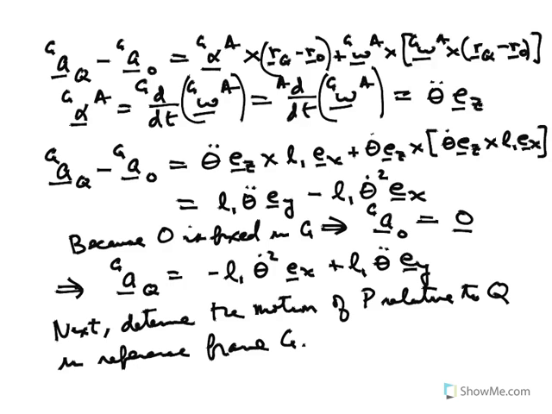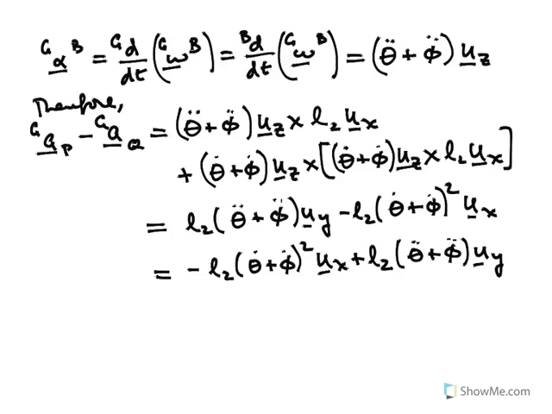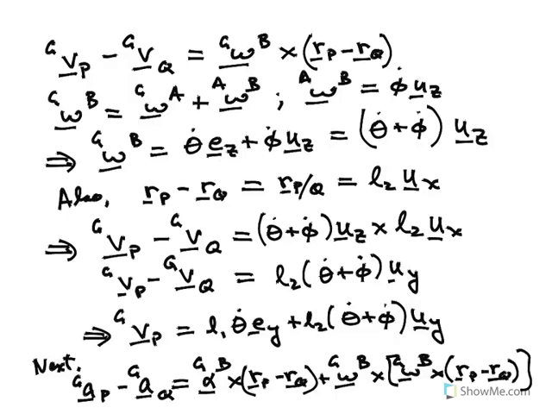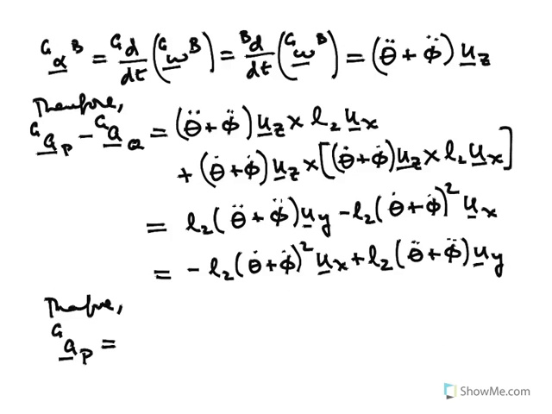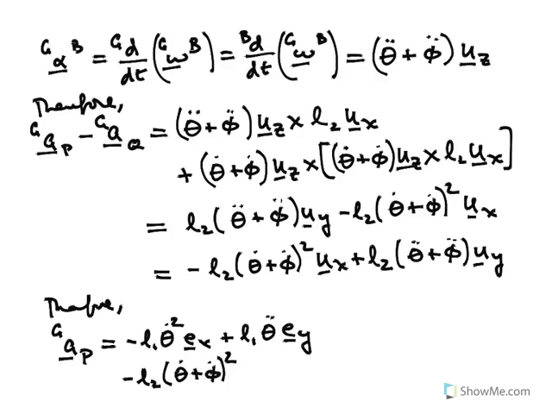Remember that we computed the acceleration of point Q already, so therefore the acceleration of point P in G, which is equal to the acceleration of Q in G, if I take it to the other side, I get minus L1 theta dot squared times EX plus L1 times theta double dot times EY minus L2 times theta dot plus phi dot squared times UX plus L2 times theta double dot plus phi double dot times U sub y.